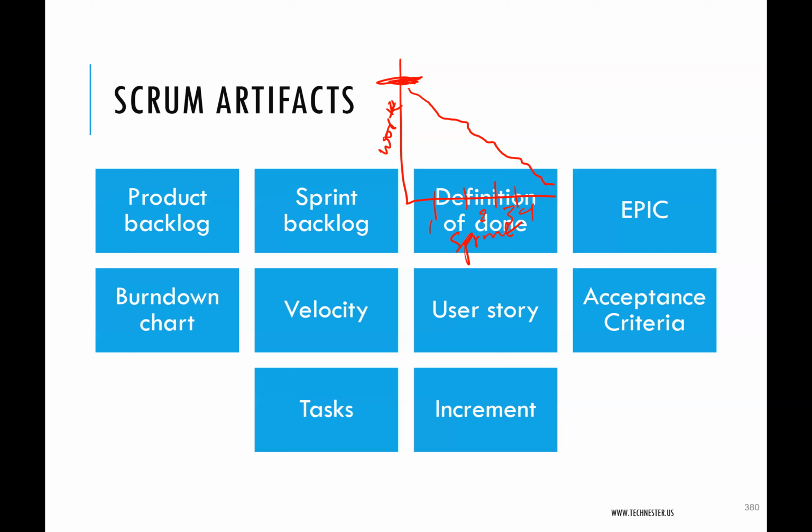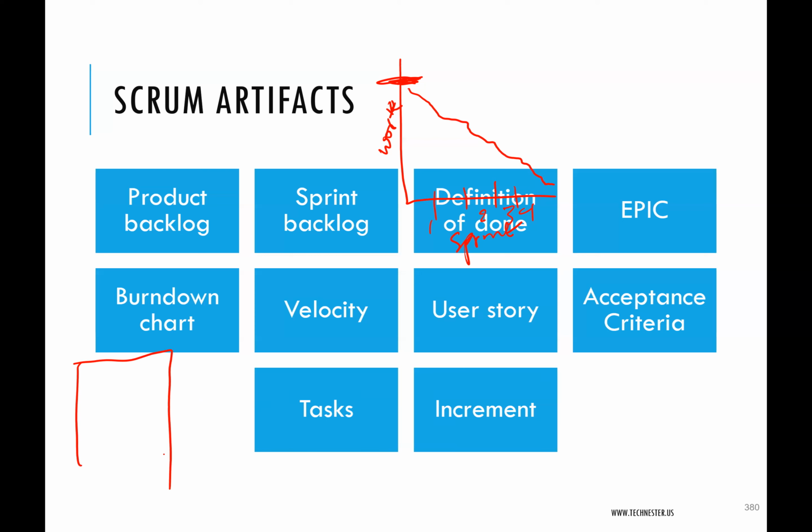Another way to look at a burn down chart is to imagine that the amount of work you want to do to implement a product or to create a product that you are the product owner on, or you are part of the development team on. Imagine that that amount of work is like a house, like a very tall building.